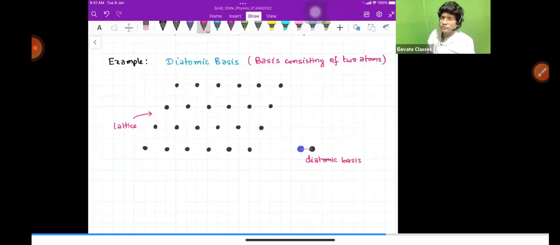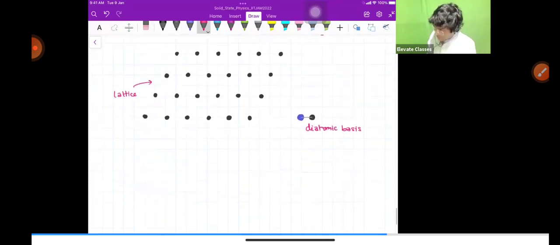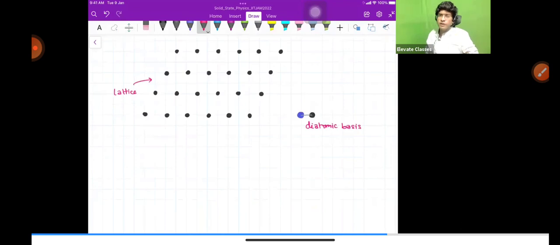Now, we want this structure to be placed on the lattice to construct a periodic structure, right? In this case, this is very important. Listen carefully. You can take the notes, but just look at the screen for some time. I have defined a diatomic basis with 2 atoms, and then I have to construct the periodic structure.